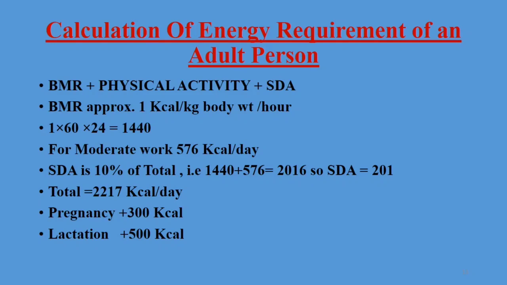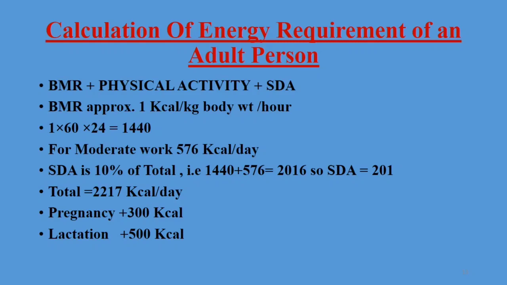Now I will show you an example of the energy requirement of an adult person with a weight of 60 kilogram. It is calculated this way. The first things we consider are BMR, SDA, and physical activity.